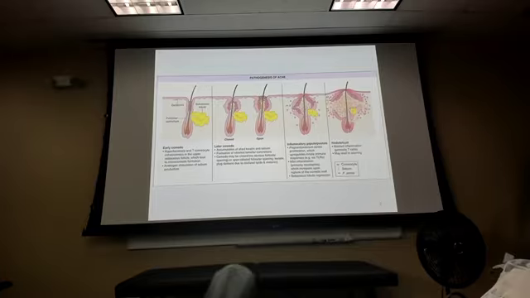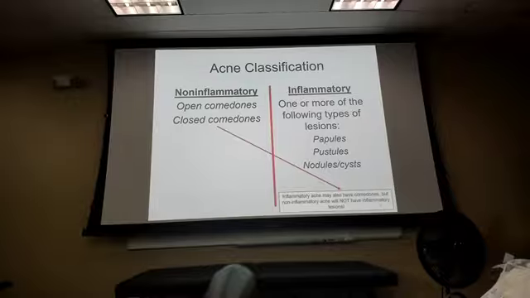Okay, so early, late, inflammatory stuff, and then we get into that nodular cyst that is out there. Again, that is of that the classification, right? So if they're not having any inflammatory process, those are those open the comedones or the closed, right? So that is the white or black, right? That's what that is out there.